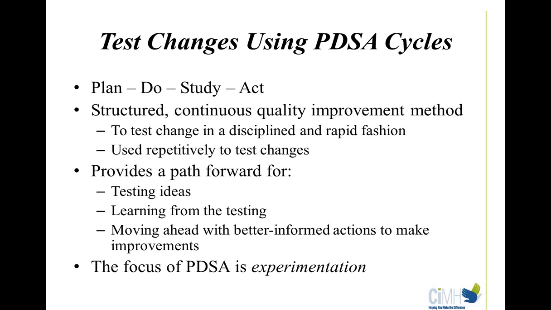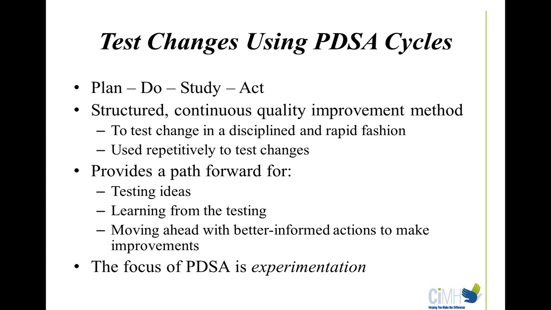But the ultimate benefit to this kind of testing is it provides us a path forward. We go from having an idea to learning through testing how that idea will work in your particular setting. And then based on being better informed, we're able to make the changes in our organization that will lead to improvement. And ultimately, this approach of using the PDSA cycle as a means to test ideas prior to implementation brings about a culture or a focus on experimentation.